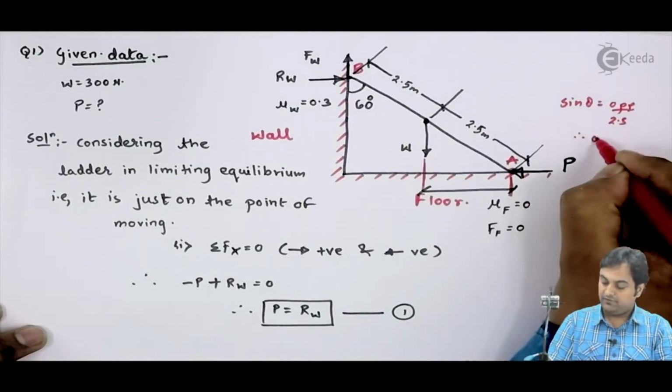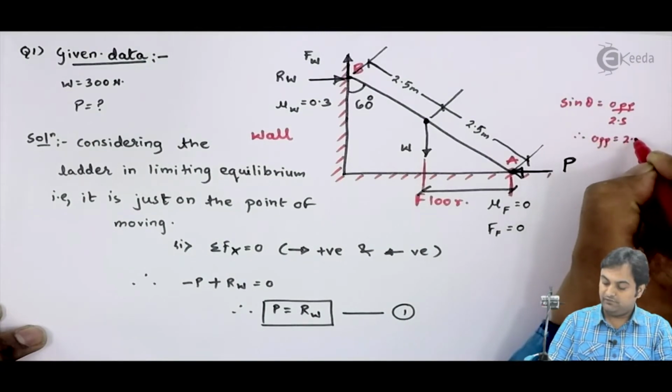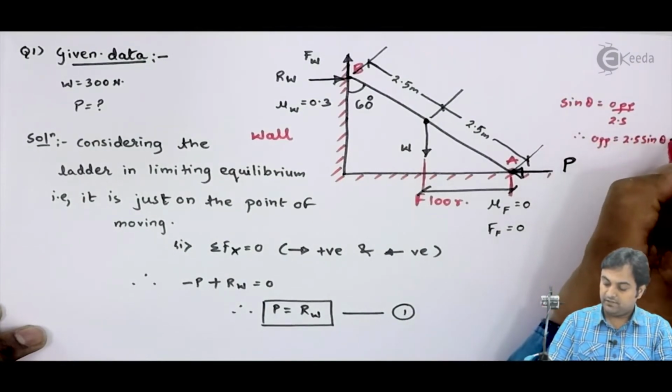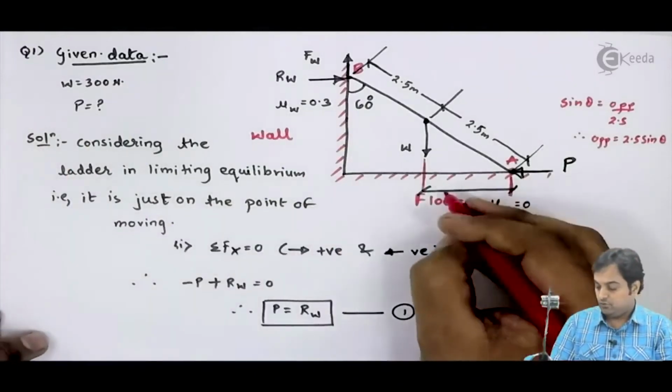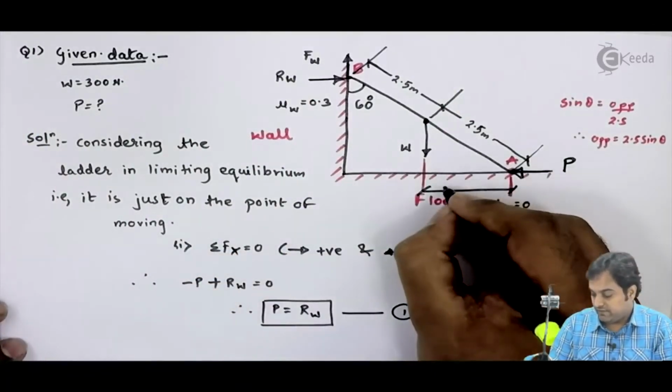Therefore, the opposite side is equal to 2.5 sine theta. That is, here I have 2.5 sine 60.